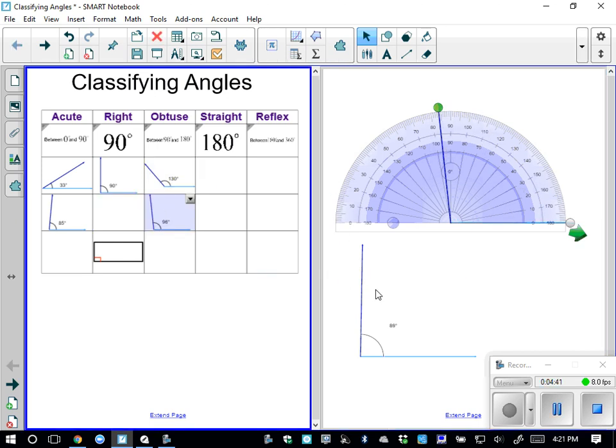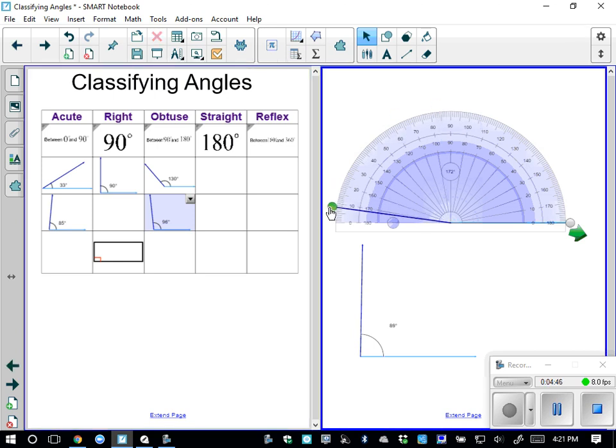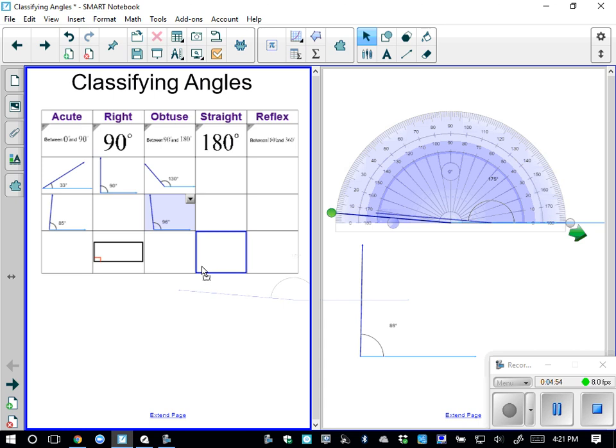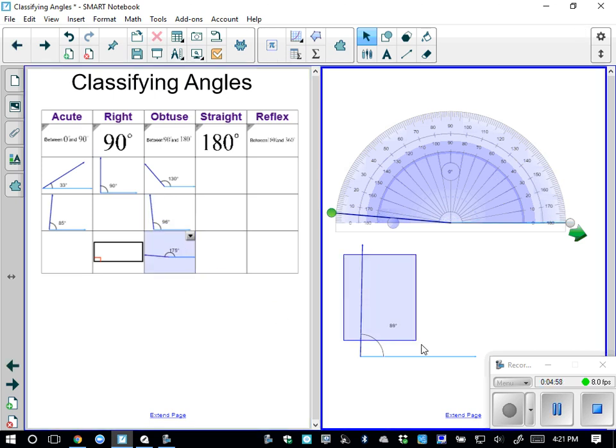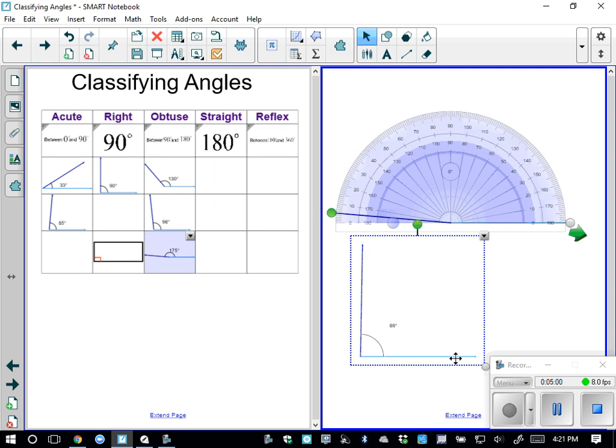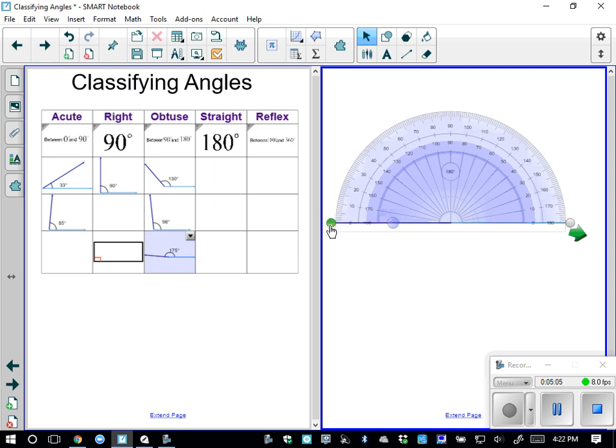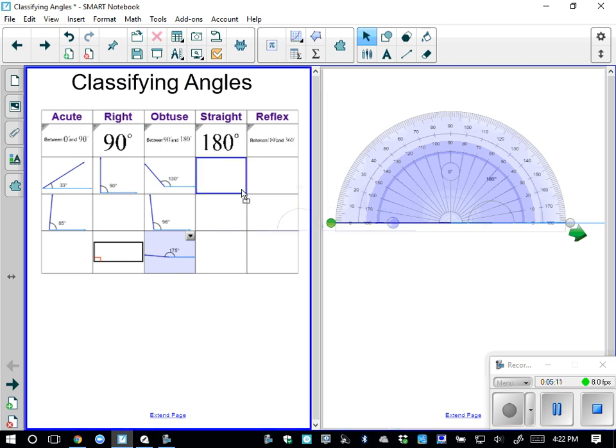And they could be almost 180 degrees. So that is still an obtuse angle. So all of these are obtuse angles. So they have very different looks, but they're classified the same. And then the straight angle is just like a line. So straight angle looks just like that. There's only one example of those.